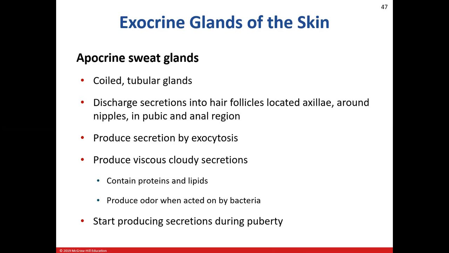We often will find proteins and different fats and lipids located within them. These are the secretions that actually help to produce odor when acted upon by bacteria. So that typical body odor really is a response to the bacteria as it acts on some of these secretions and the proteins and the lipids within them. And we actually start producing these secretions during puberty.